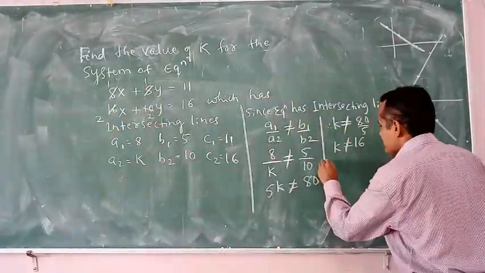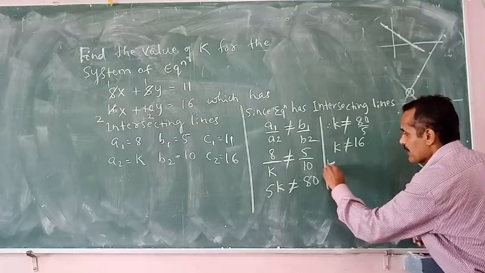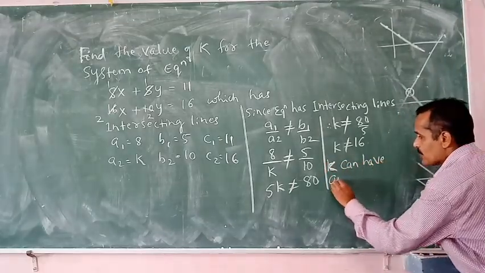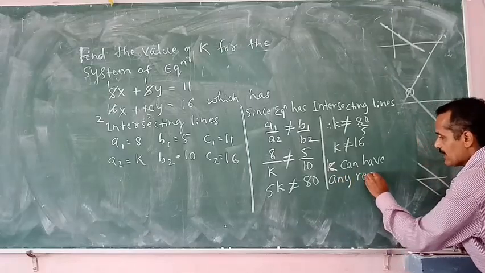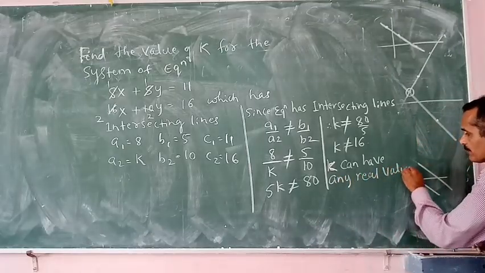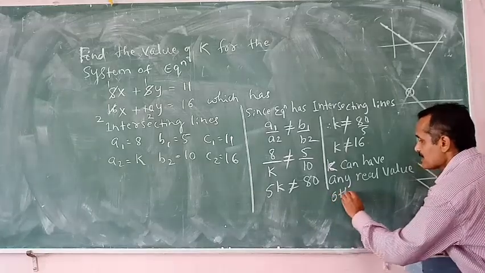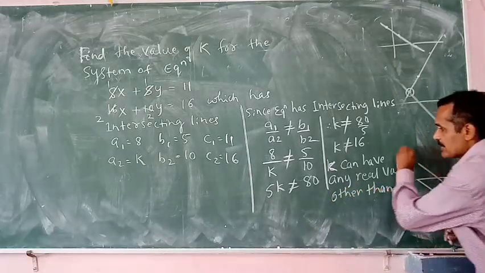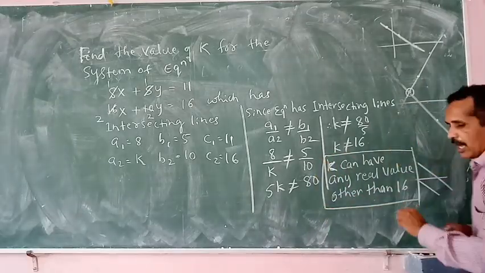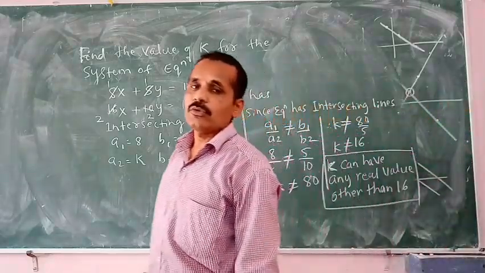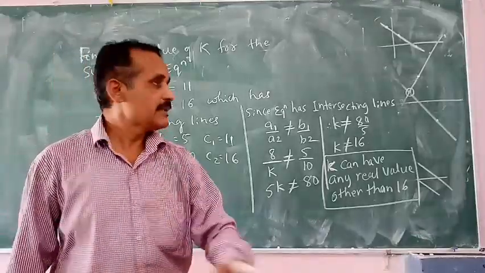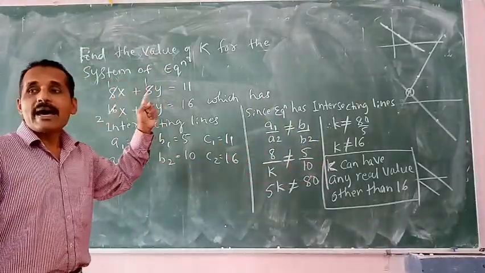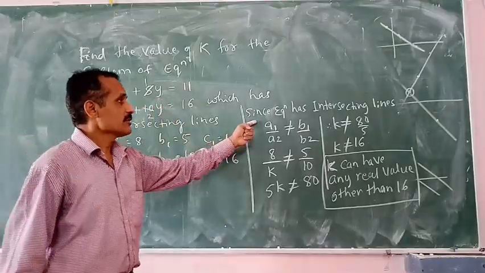I can write here: k can have any real value other than 16. 16 छोड़कर आप कोई भी दूसरा वैल्यू दे दो लेकिन 16 मत दे दो.